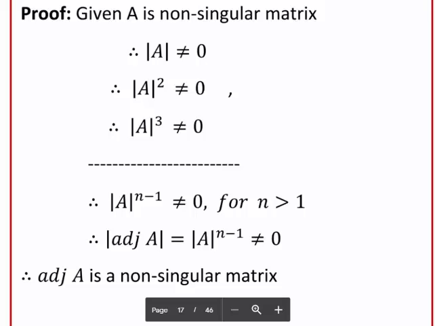In general, its n minus 1 power is also non-zero, because mod A, which is the determinant of A, is a non-zero real number, and any power of it, including n minus 1, is also non-zero. So we automatically come to the conclusion that adjoint of A is non-singular.